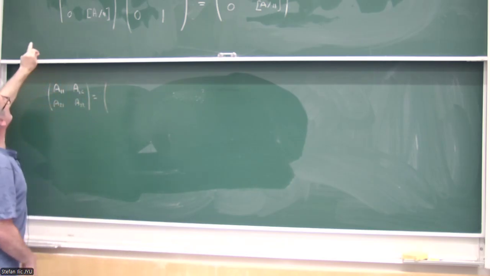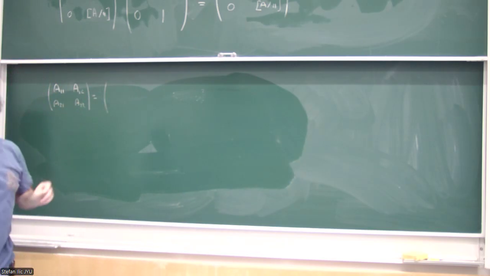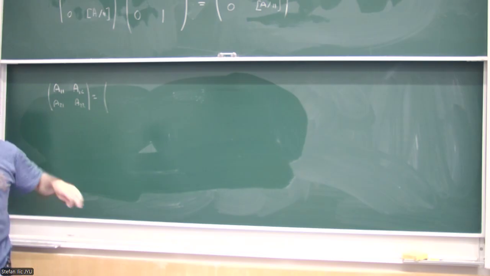So I can actually invert it. The inverse of a triangular matrix is a triangular matrix. You only need to change the lower off-diagonal block.